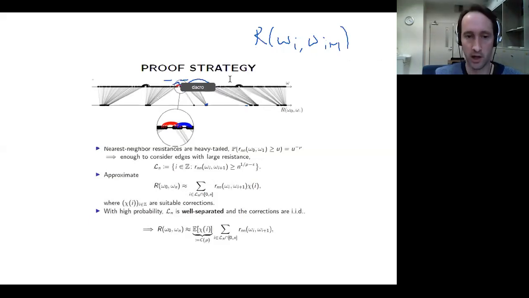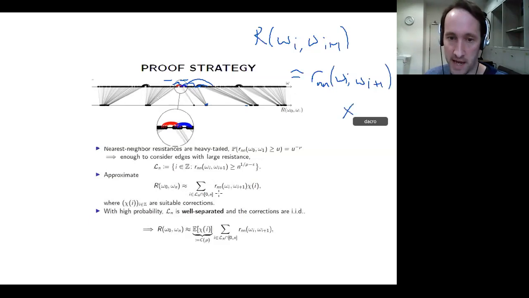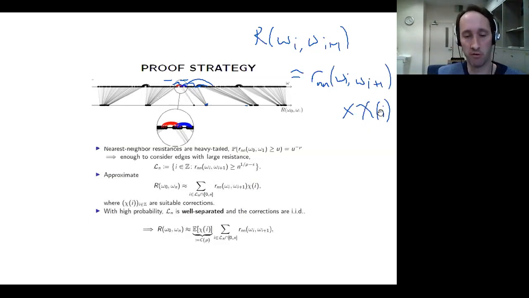And so we can't reduce it to a simple expression based on individual edge resistances. So one part of the story is to show a good approximation, namely that this looks something like the nearest neighbor resistance multiplied by some psi i here. And so we multiply this by some correction term that we can understand or control well.